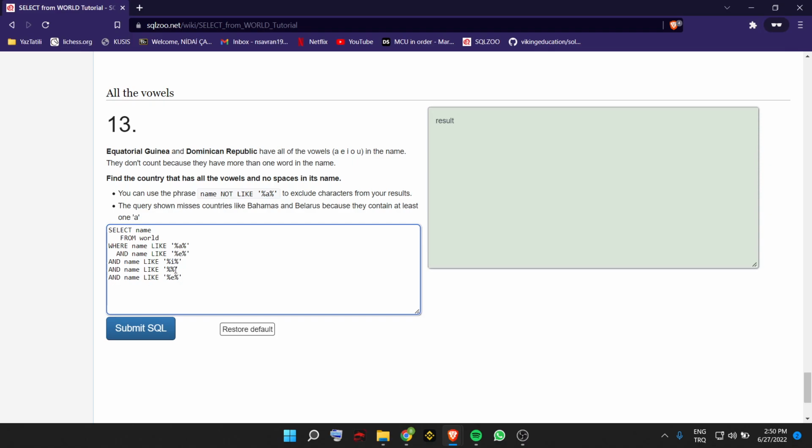I, O, and U, and it says we don't want to have more than one word, so we use and name.